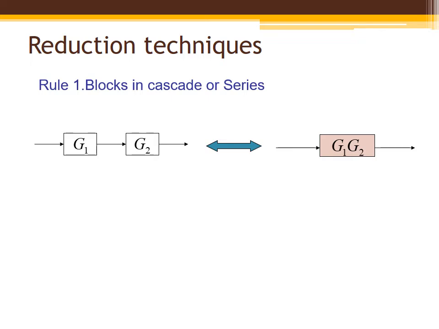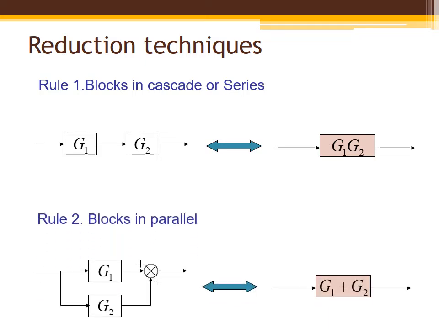We can represent these two blocks as one block with gain G1 times G2. Instead of three or more different series blocks, we can represent them with one block. But if there is a takeoff or summing point in between these blocks, the blocks cannot be said to be in series.